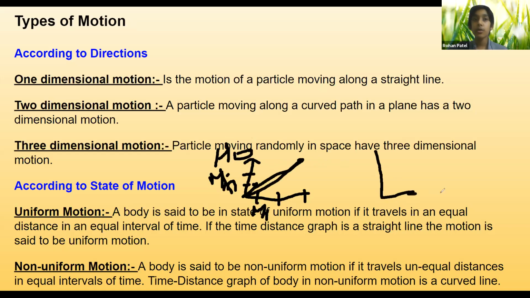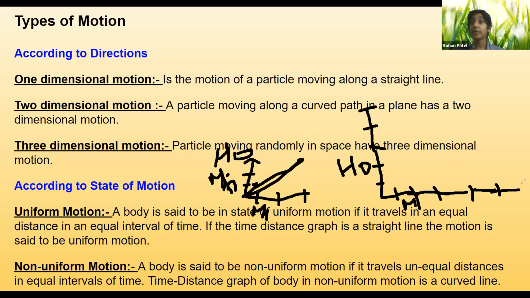Now let's say in our non-uniform motion, with the same hours and miles, 1, 2, and 3, but let's make this 5 so it's easier to see. In our second one, our car takes 5 hours to go 6 miles.